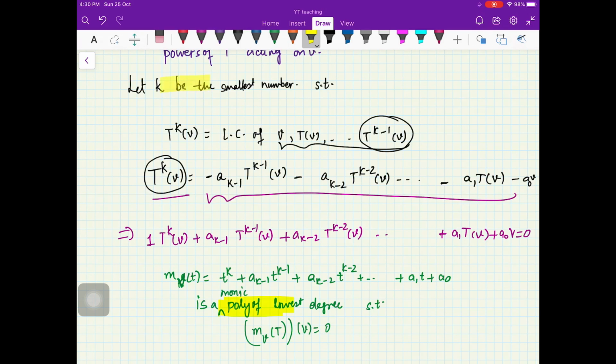Why is this of lowest degree? Because we are assuming that k is the smallest number such that this is happening.